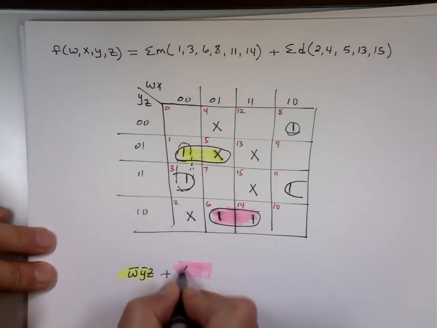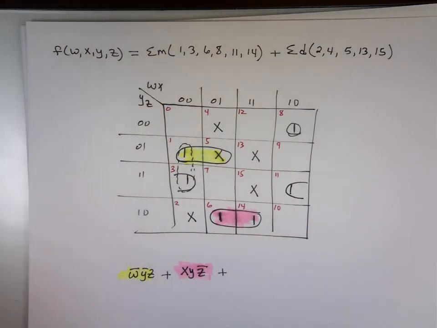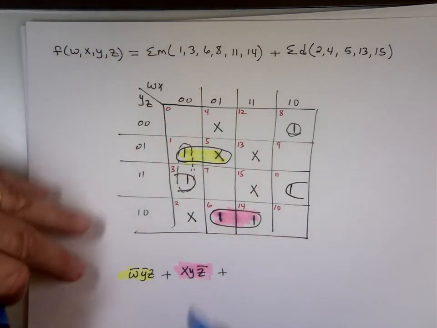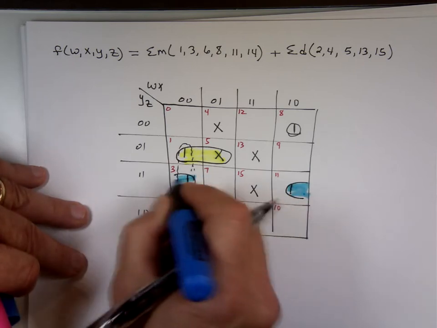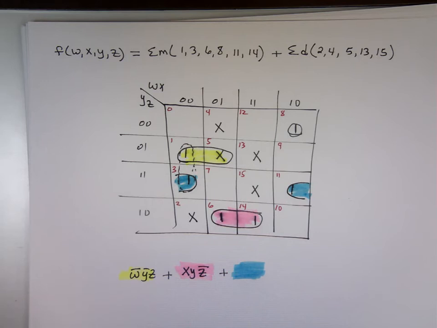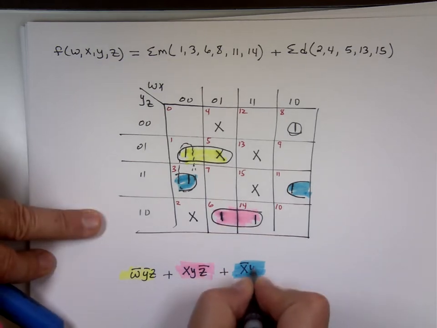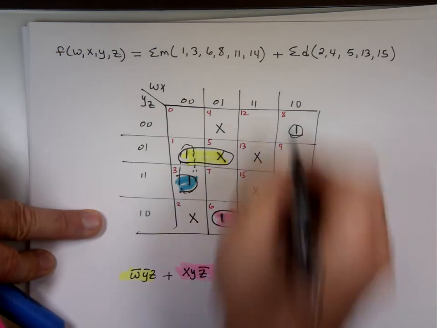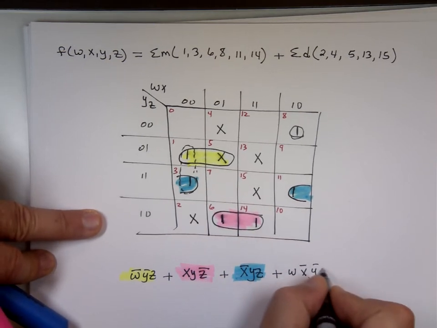X, Y, Z bar. The blue one. I need one more color. X bar, Y, Z, yep. And that one is W, X bar, Y bar, Z bar.